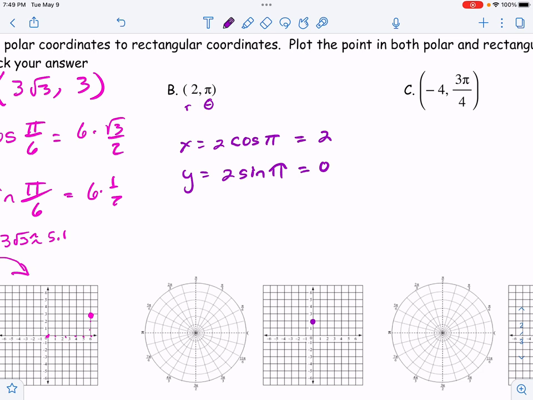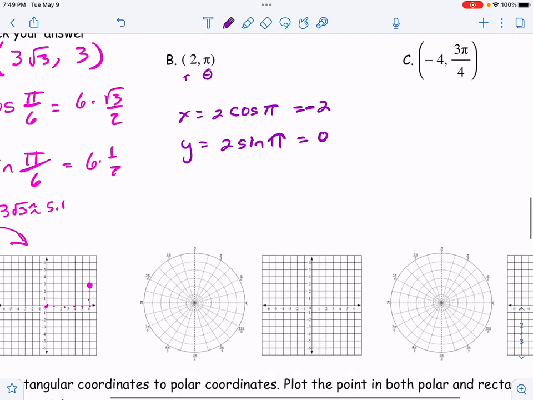Boy, I'm making all sorts of mistakes. Must be late at night. Okay, so I'm over here at negative 2, 0. I'm over here at pi and 2. Are the dots in the same spot? Yes, they are.